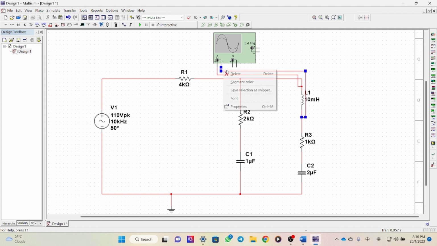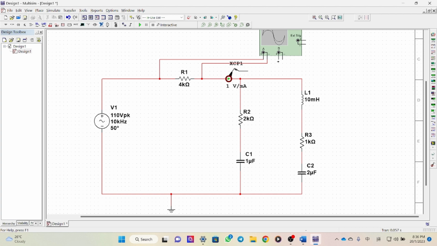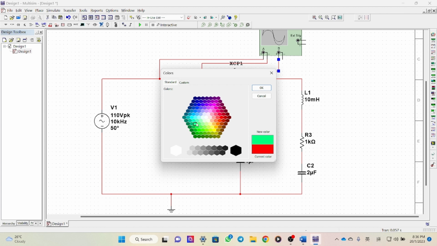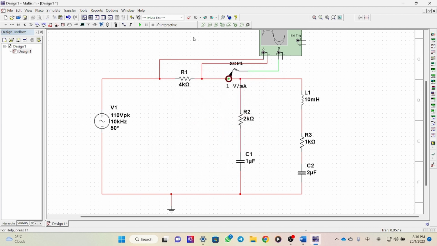So next we want to generate the waveform between voltage and current. So it's the combination of the voltage and current waveforms. For channel A, we measure the voltage, and for channel B, we measure the current like this, and try to change the color so that you can differentiate which one is current and which one is voltage.